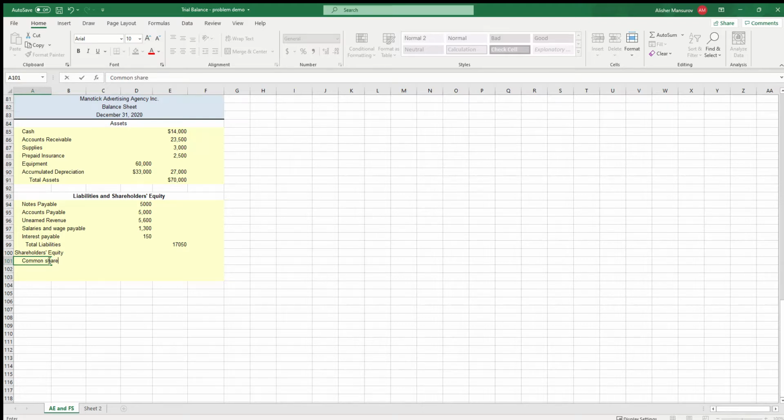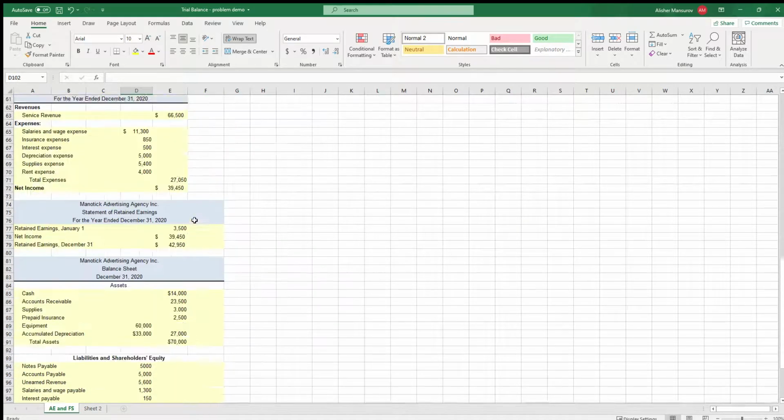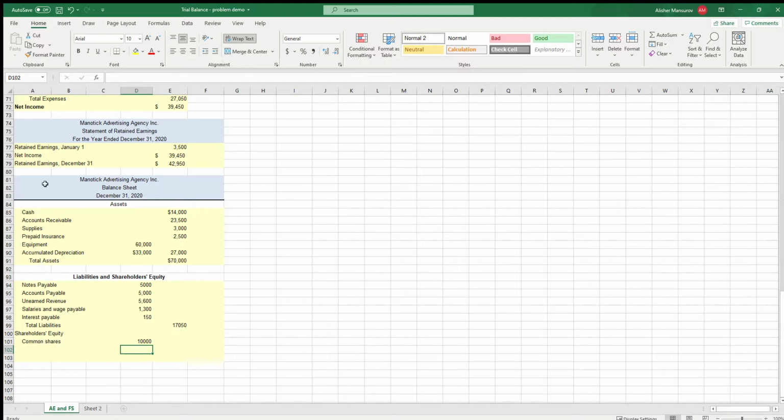Common shares, 10,000, and also retained earnings going here. So the balance of retained earnings we computed was 42,950. We'll put here retained earnings.